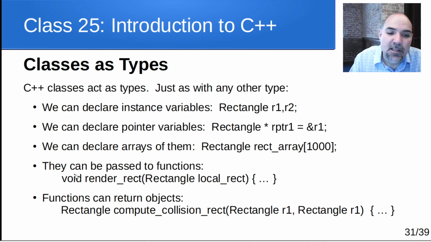They can be passed to functions, renderRect, and here Rectangle is the type of what we're passing. So we're passing to the renderRect function a rectangle object. And functions can return objects. So here, notice the return type is a Rectangle for this computeCollisionRectangle, and we pass two rectangles to that.